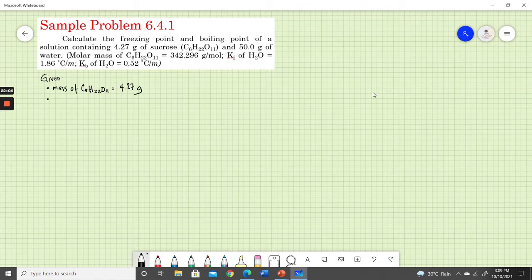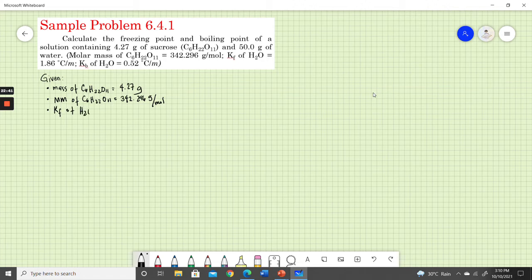They also gave us the molar mass of sucrose, which is equal to 342.296 grams per mole. Next, they gave us the Kf, the freezing point depression constant of your solvent.